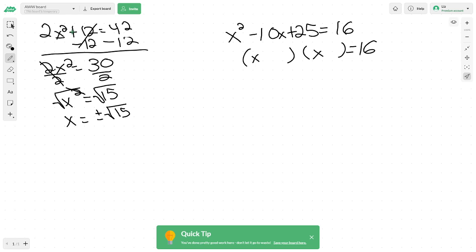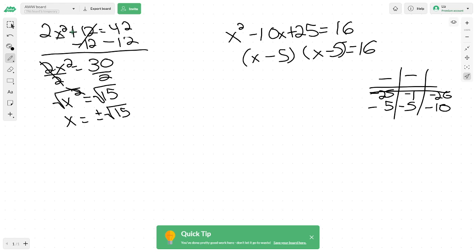So I know both have to be negative. They're going to add together to make a negative, but multiply together to make a positive. So I could do negative 25 and negative 1. I could do negative 5 and negative 5. And when I add them, since both of these are negative, I get a negative 26 here. I'm looking for a negative 10, so that's not it. And I get a negative 10 here. So it has to be negative 5 and negative 5.